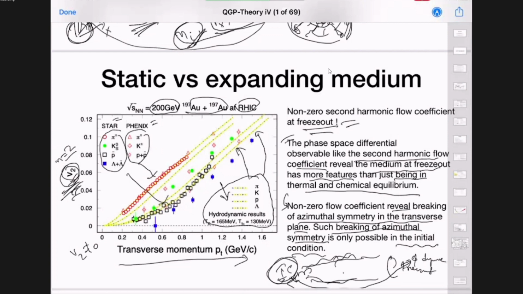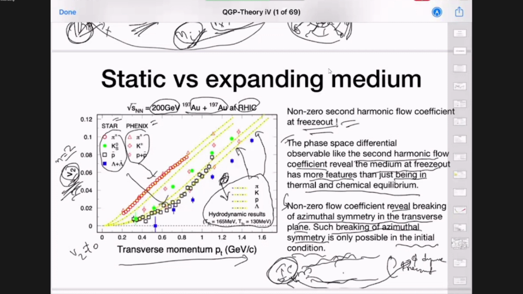For example, there are very few parameters, for example the viscosities, the transport coefficients, right? So what it means is those transport coefficients are in a certain value range such that you are able to see these flow coefficients even at freeze out, right?